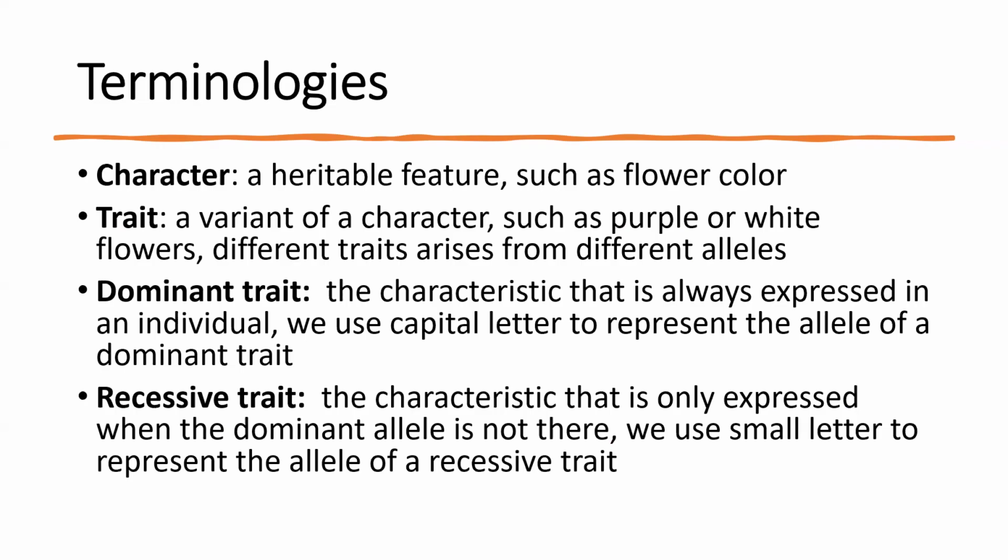So what's a character in you that can pass on to the future generation besides eye color? Think of something else, some feature about you that's considered a character, something that can be passed on. Give me an example. Hair type, that's right. Is it curly hair? Is it straight hair, right?